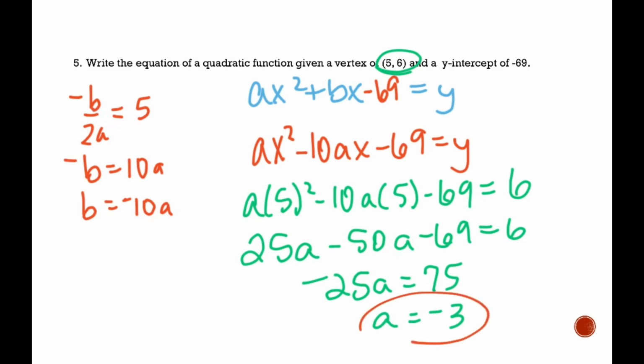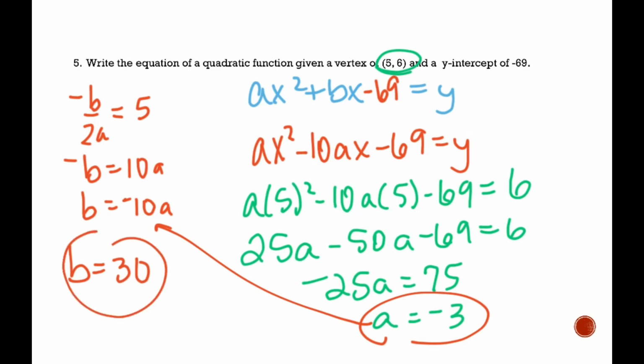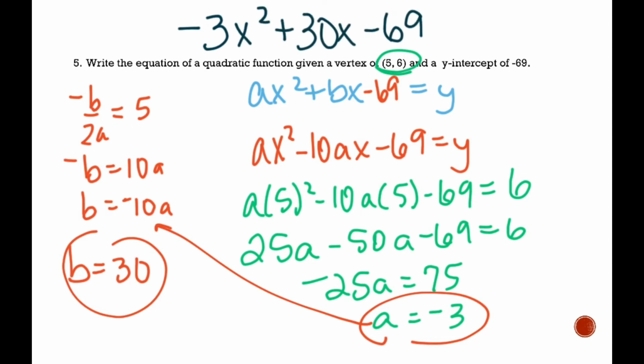So we're going to take that and find b. So b is equal to 30, and then I can take both of those and put them up in my equation. So ax squared plus bx plus c equals y, and so that would be my equation. So if you didn't get that, then go back and look and see what happened.